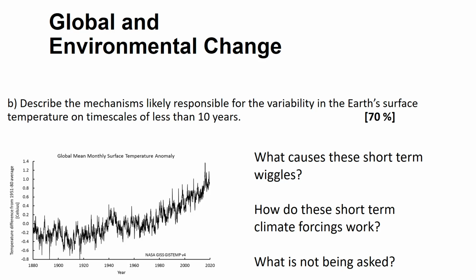What's causing the high frequency variability? So that's what the question is asking. This is quite a large chunk of credit for a question, 70%, so we're looking for quite a lot of detail in the description of how these potential short-term climate forcings work.